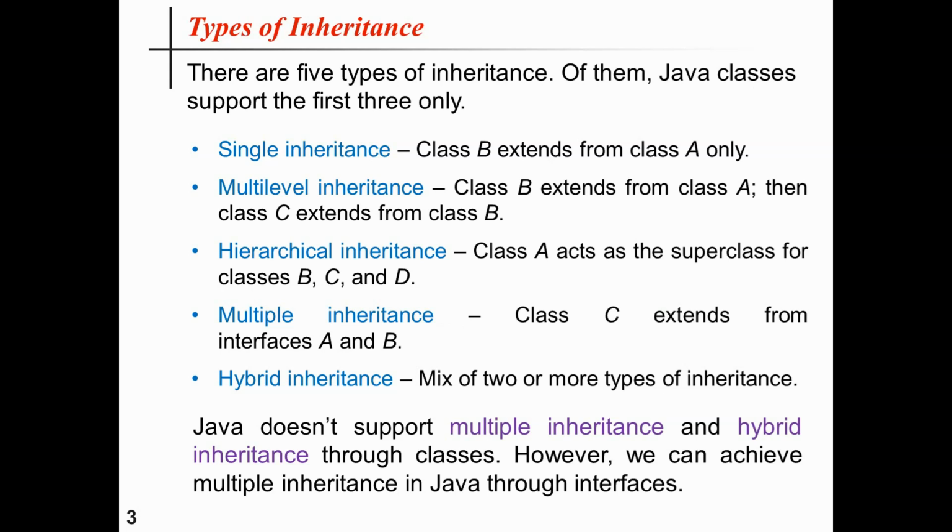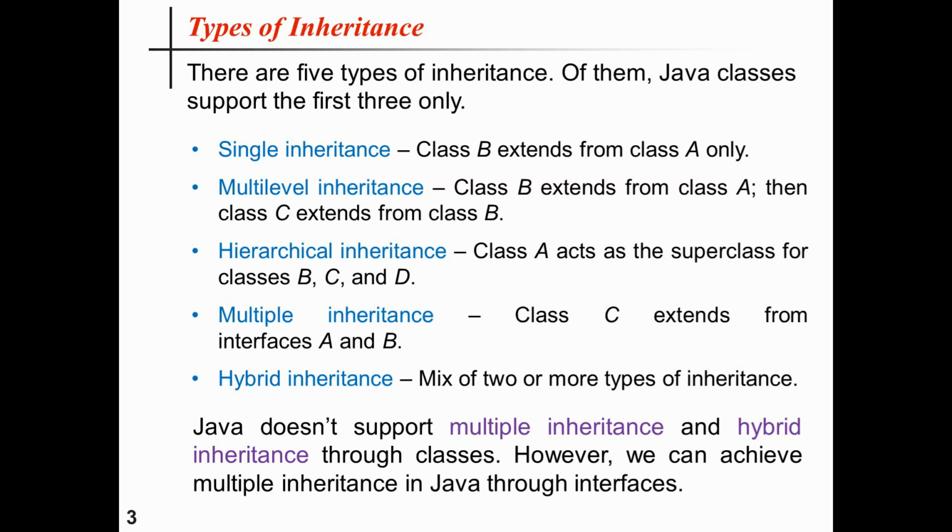We cannot have a scenario where a particular class is created from 2 existing classes. That is only supported by interfaces, which are a different concept from a Java class. So the 4th category is not supported by Java classes. Instead, it is supported by a different concept called an interface, which will be discussed later.